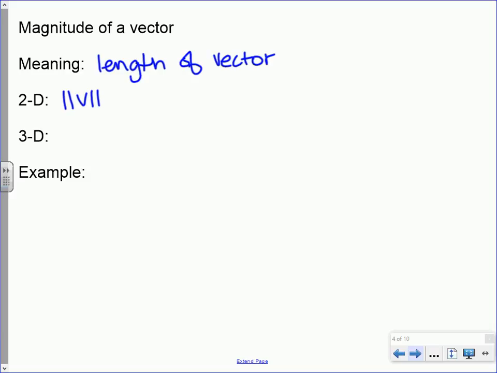Take a squared plus b squared plus c squared. If we turn it to our vectors, we take the x component squared plus the y component squared. So this is if vector v is v1, v2.